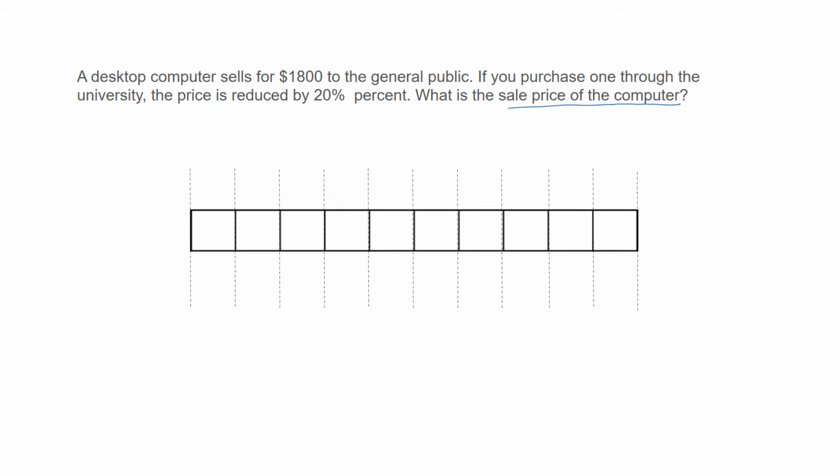Okay, now if the price is reduced by 20%, then the sale price is what percent? It's only 80% of the original price.